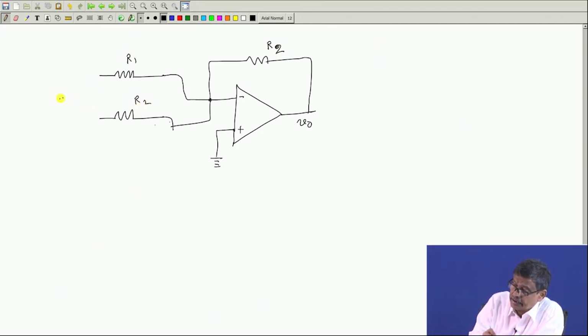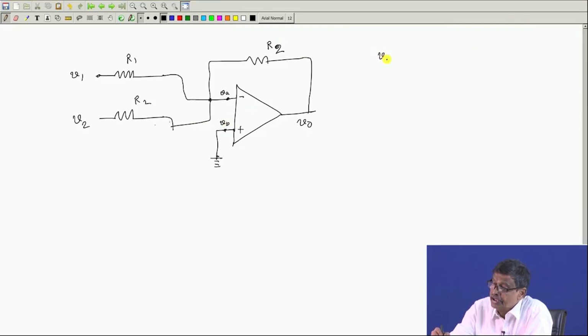Here I will connect a signal V1, here I will give a signal V2, all with respect to this ground. Suppose the op amp is ideal and it is operating in linear zone, then the potential of this is A, this is B, VA must be equal to VB, but this time VB is equal to 0, grounded.